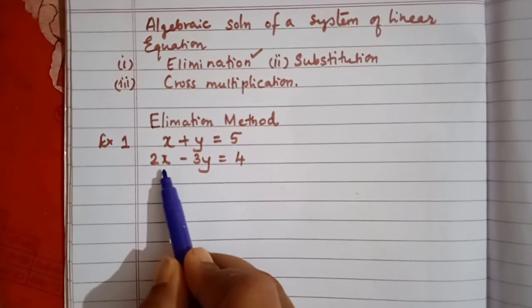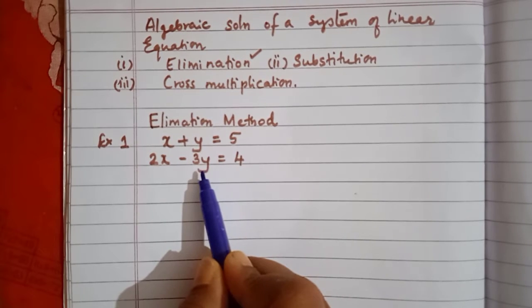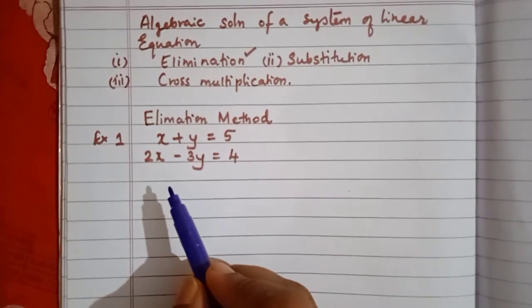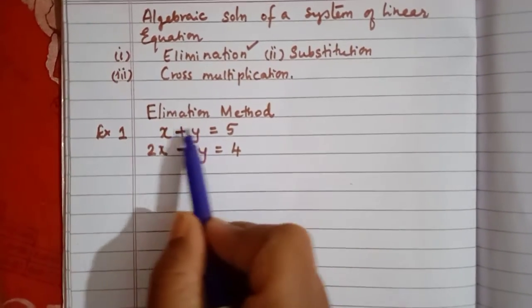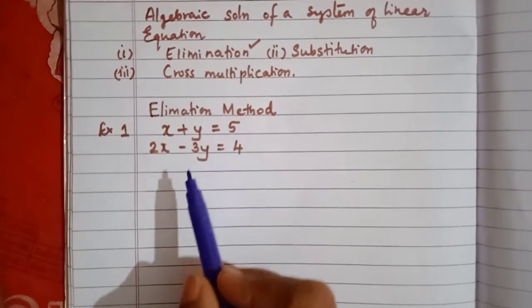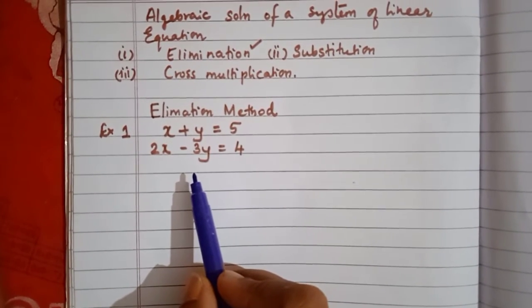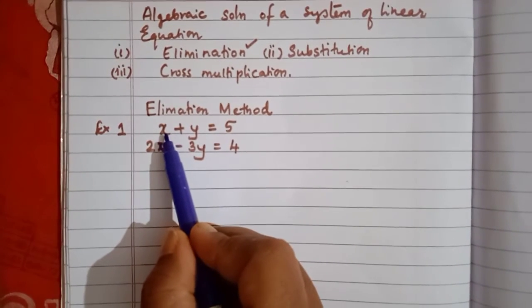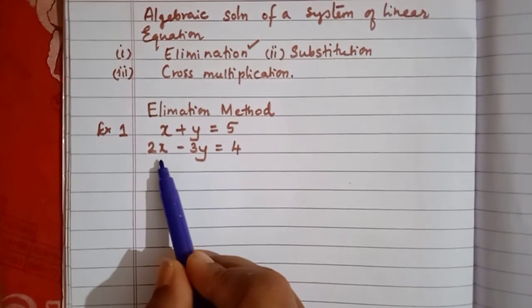Here you can see x and y are the variables, and you must be able to eliminate any one of the variable. As the name suggests, elimination method, we are going to find the value of variable by eliminating any one of them.